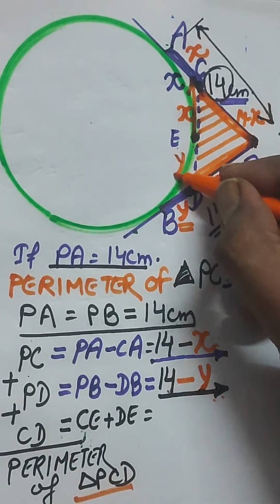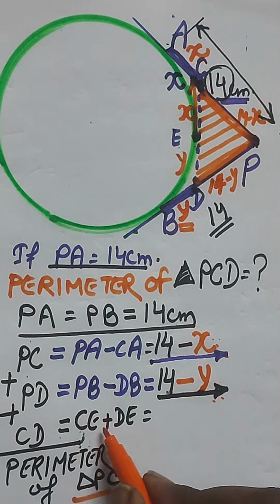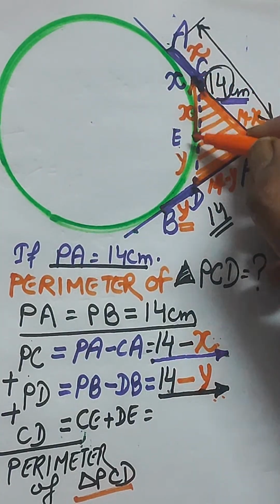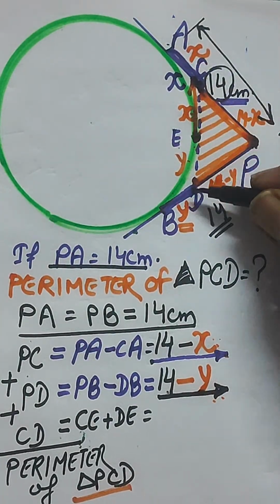It's also equal to y, right? So here we can say that CE plus DE will be equal to x plus y. In this way we are getting the complete tangent, this dotted line, right?